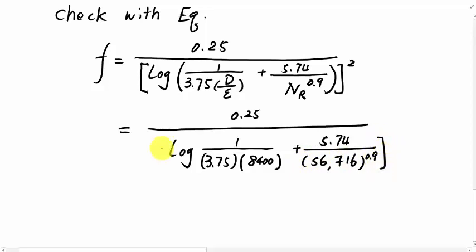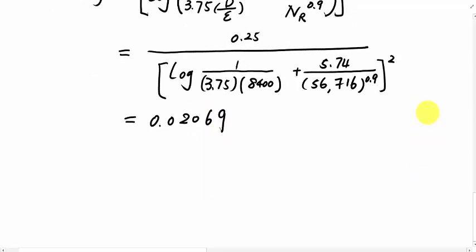Don't forget to square this, okay? And if you do the calculation, this number comes out to 0.02069. Okay, that's approximately 0.021 as well. So our reading in the Moody diagram is very accurate.